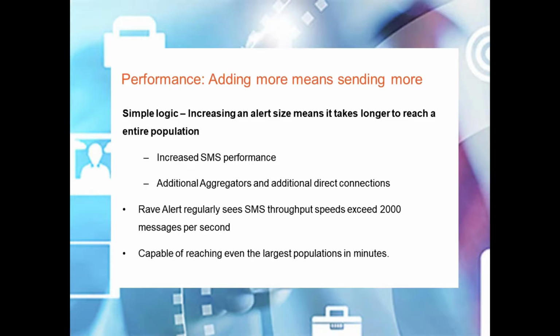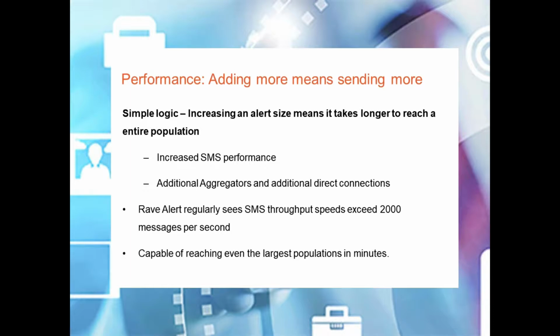We dramatically increased our SMS performance over the last 60 to 90 days. We've added additional aggregators and additional direct connections. What that means is our messages can get out onto the handsets faster and through more routes. If there's ever a problem with the network, Rave has at least 3 paths to every single subscriber here in the US.